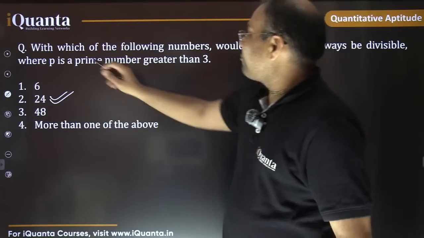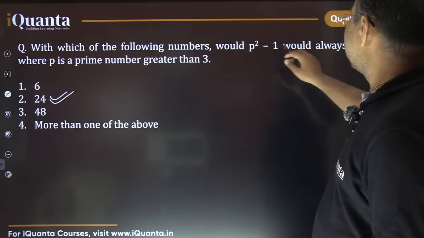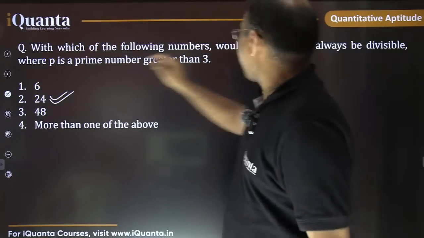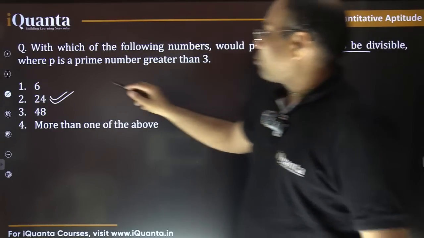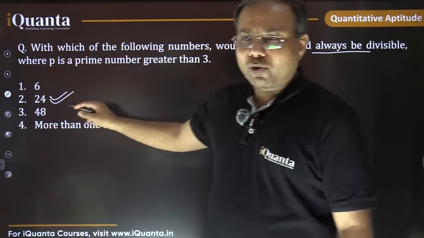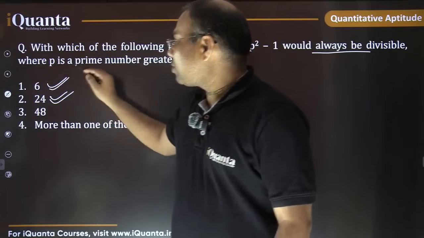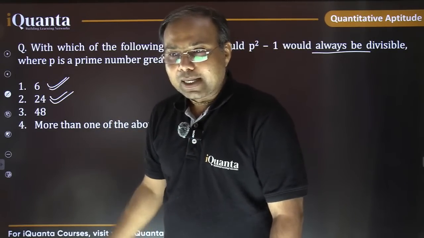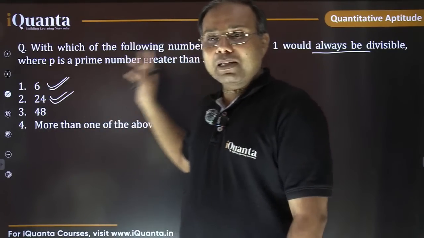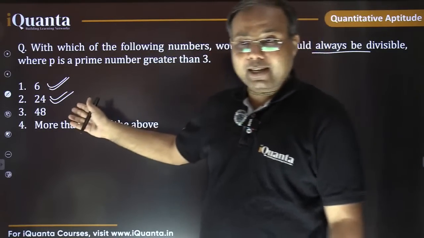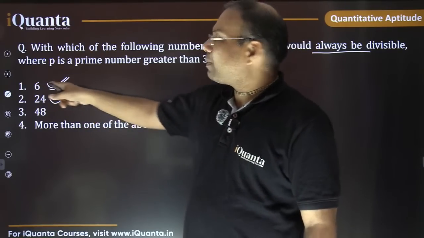By the way, the question was which of the following numbers would this always be divisible by? If this number is going to be divisible by 24, it is going to be divisible by 6 also. Yes or no? If the number is divisible by 24, which is true by the way, it is divisible by 6 also.